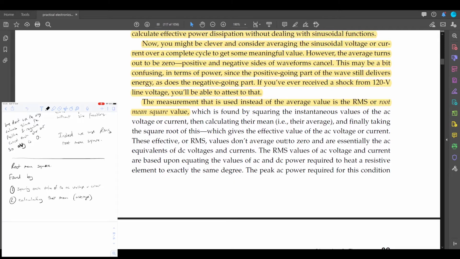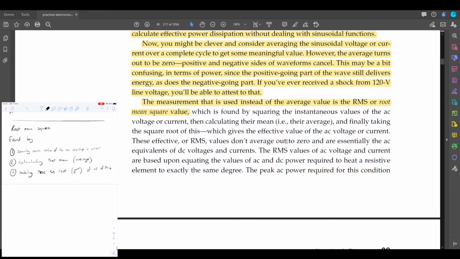And finally taking the square root of all of this, which gives the effective value of the AC voltage or current.